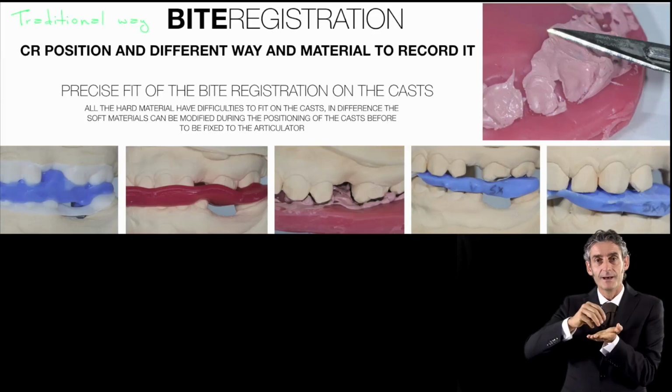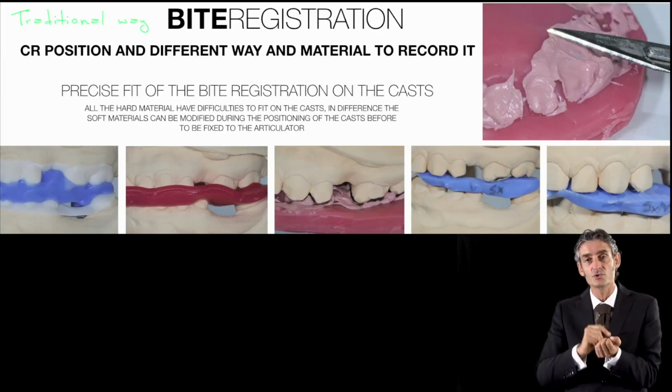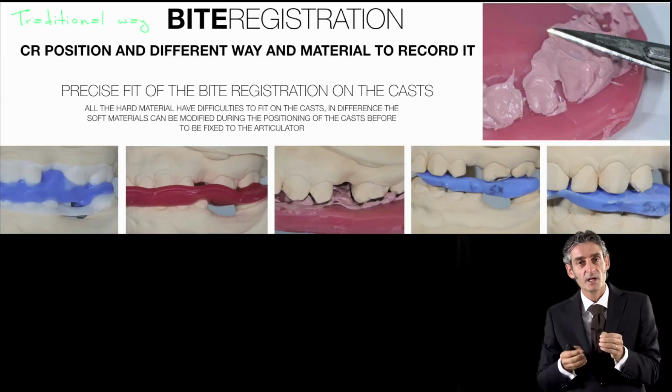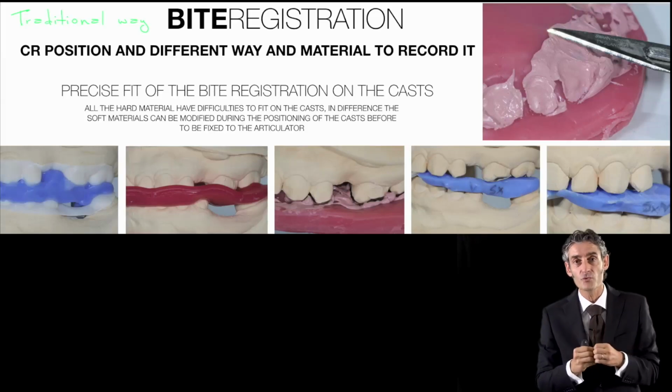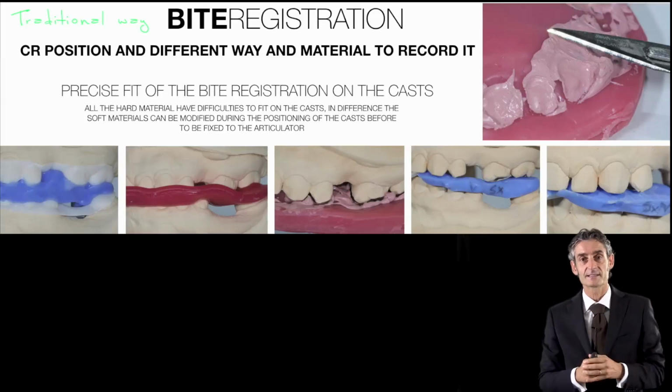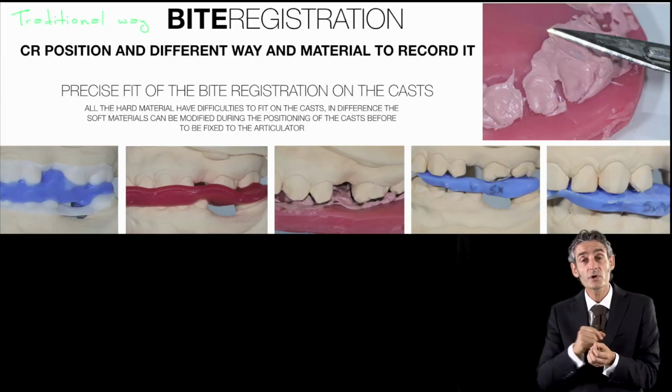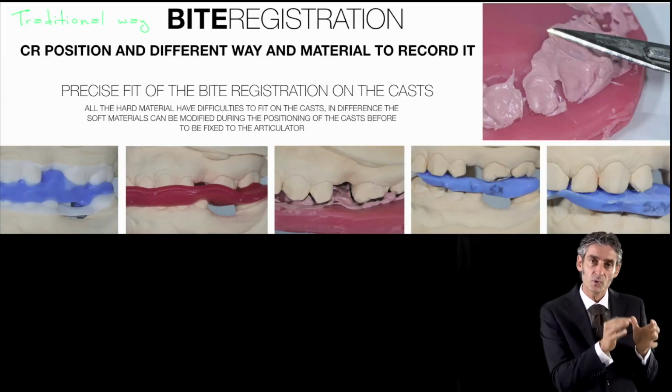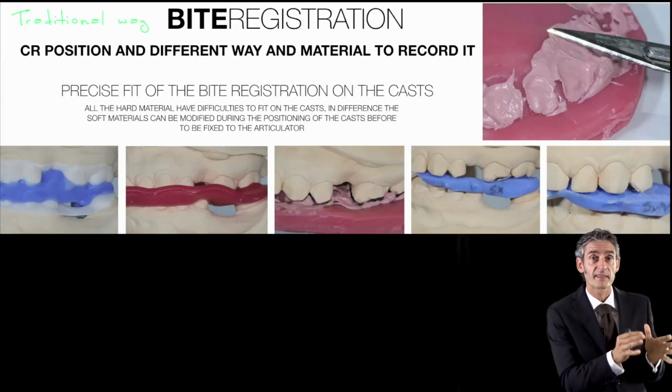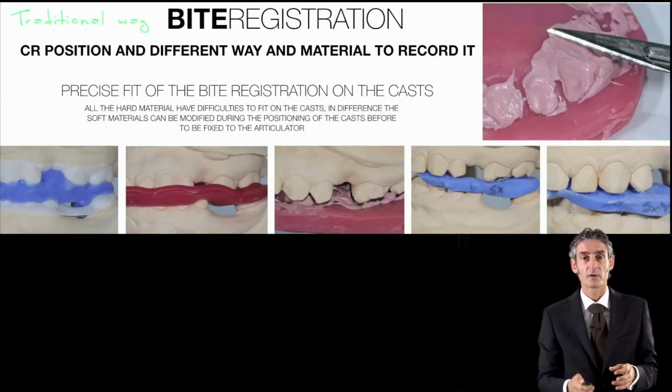Why? Because sometimes we have little bubbles, or in any case the hard material that we use for the bite registration doesn't fit exactly in the grooves of the cast. And so the technician has to work a lot, and sometimes this results in little differences. So it's important for us to see that the traditional path can also have some trouble, some problems, okay?